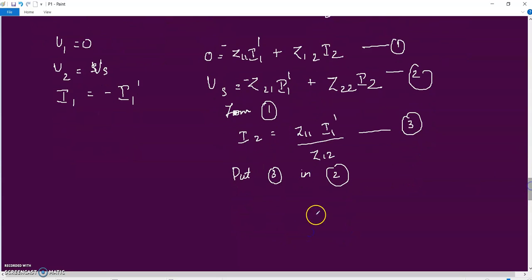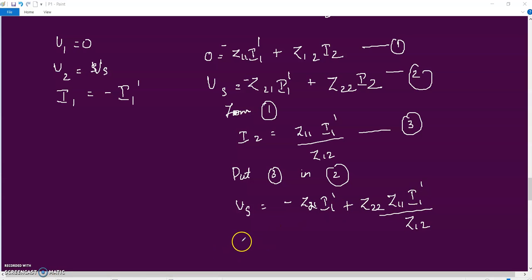So we can write Vs is equal to minus Z21 I1 dash plus Z22 into I2. I2 is, we have got, Z11 I1 dash divided by Z12.